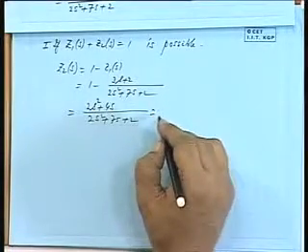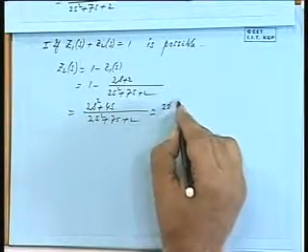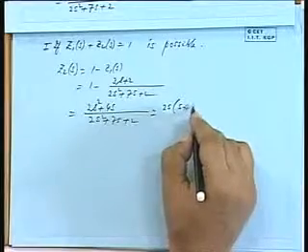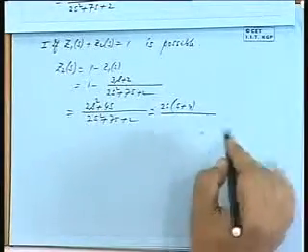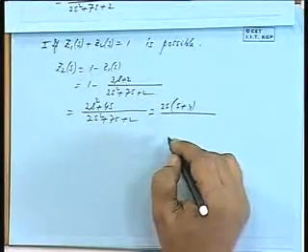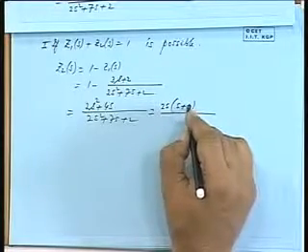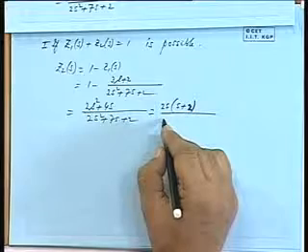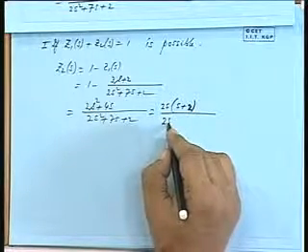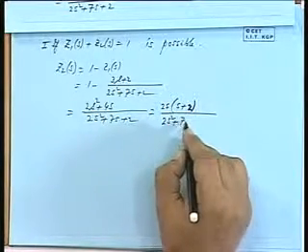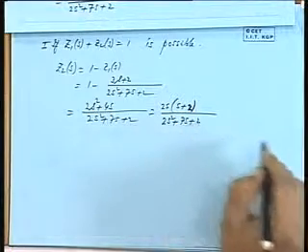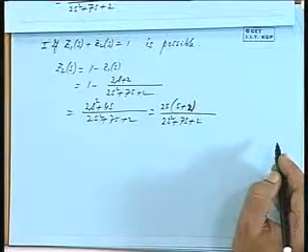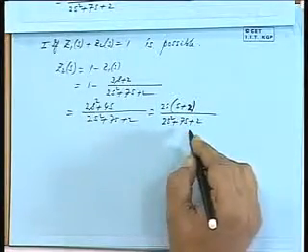Okay, so if I take 2s out, it will be 2s into s plus 2 divided by 2s squared plus 7s plus 2. So there are two real roots.